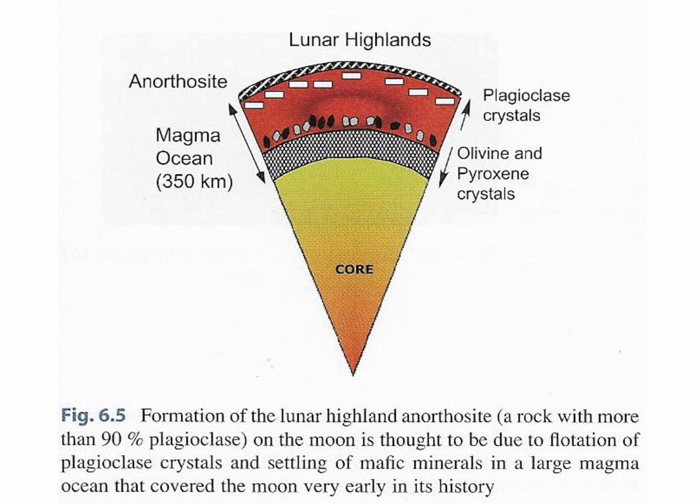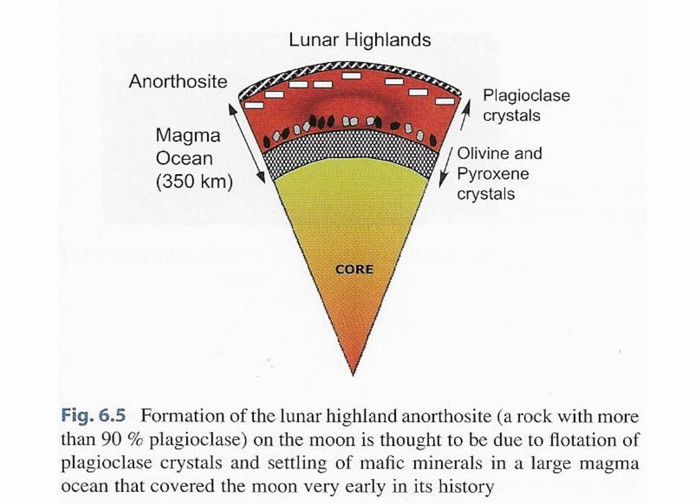And this layer was formed by the floating plagioclase crystals which are floating in the magma ocean up to the top, and the olivine and pyroxene crystals which show a higher density are sitting here at depth.